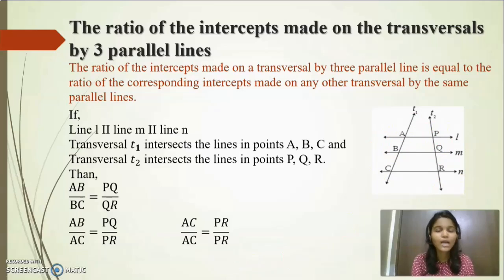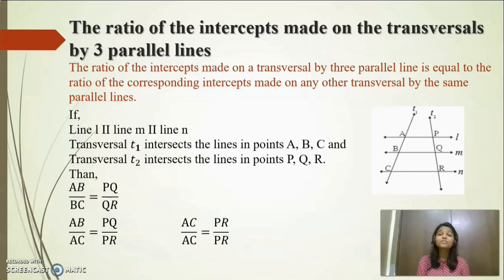So we have learned when you are going to use the basic proportionality theorem, when you are going to use the converse of the basic proportionality theorem, when you are going to use the property of an angle bisector of a triangle, and when you are going to use this property. You use the basic proportionality theorem whenever you have a triangle and a line parallel to a side of the triangle. You use the converse when it is given that the ratios of the sides of the triangle are the same. You use the property of an angle bisector when you have a triangle and an angle bisector of any one angle of the triangle.